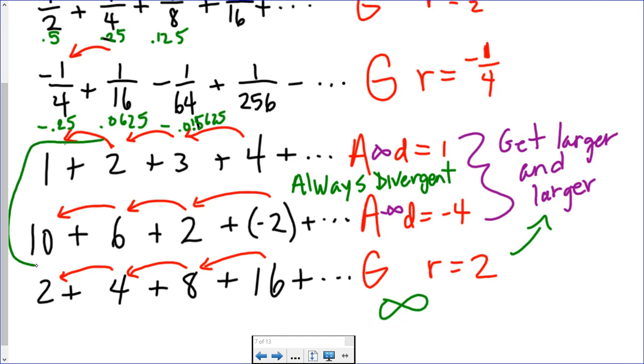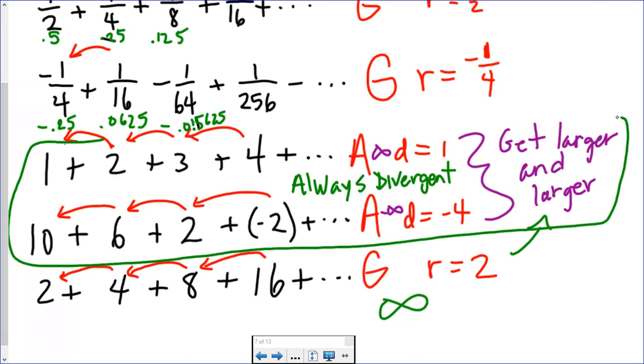We have our arithmetic series. Regardless of whether our common difference is positive or negative, it's always divergent because the numbers get really big positive or really big negative. So that's not going to work. We can't find a number. So arithmetic series are always divergent. Don't forget that. Now, geometric.